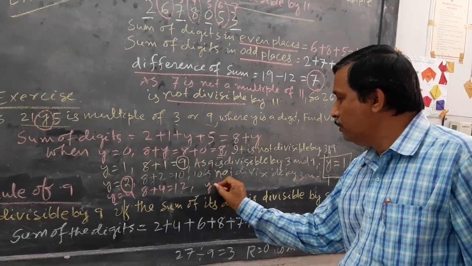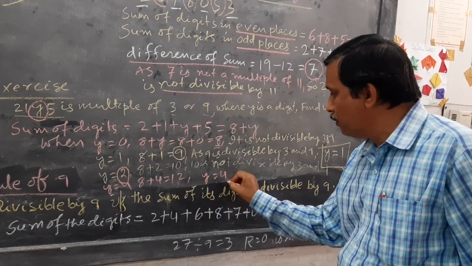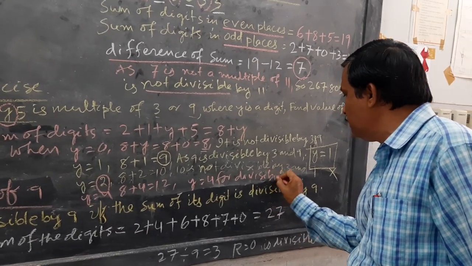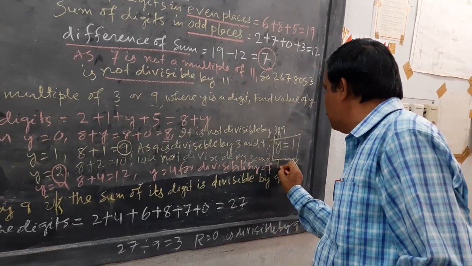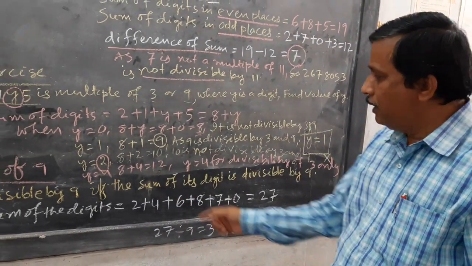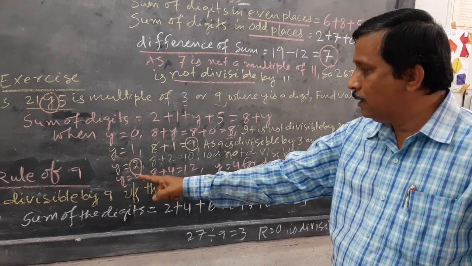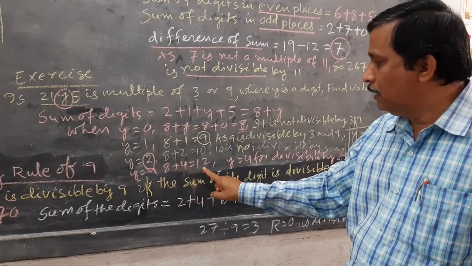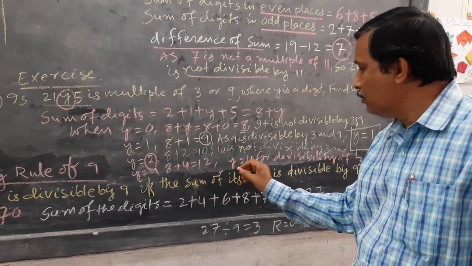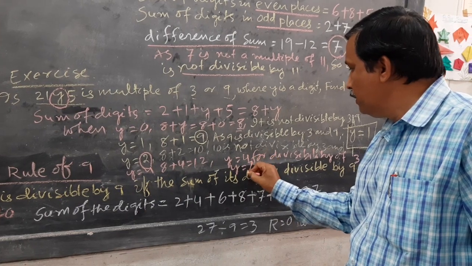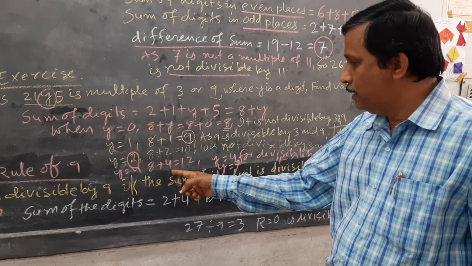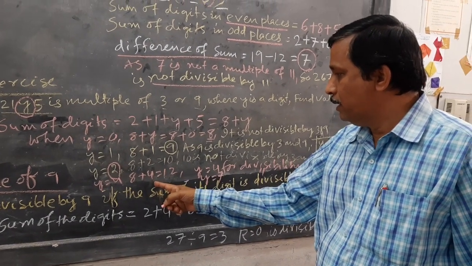So the y value may be 4 for divisibility of 3 only, not for 9, because it is not divisible by 9. Like this manner, suppose you are taking 5, then 13; 6, 14; then 7, 15, then the y value may be 7 for divisibility of 3, but not 9. Similarly 8, 16; 9, 17.